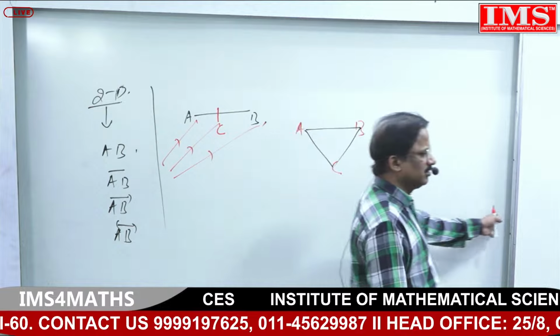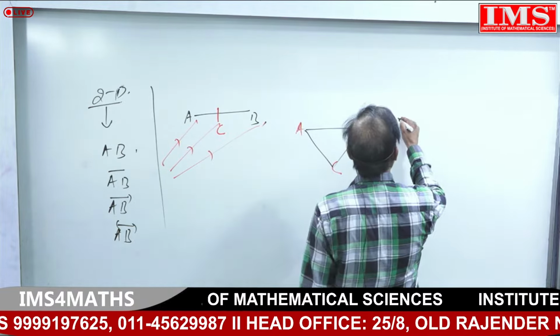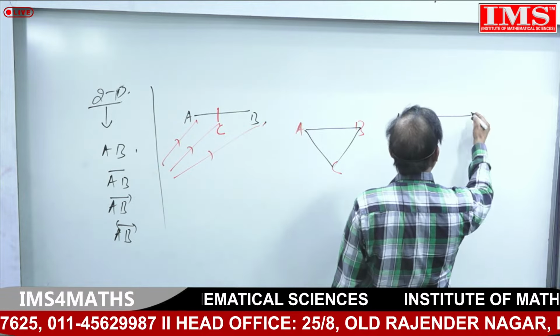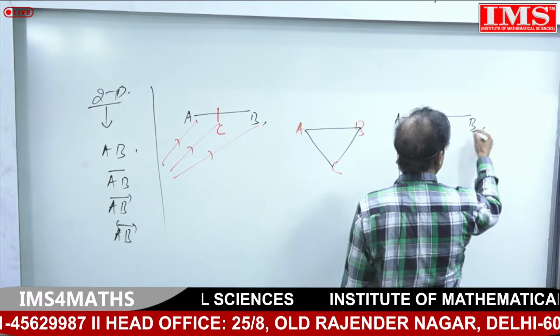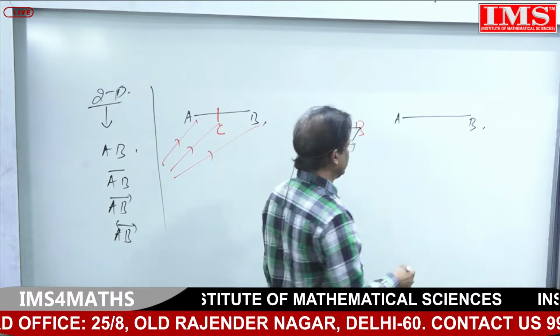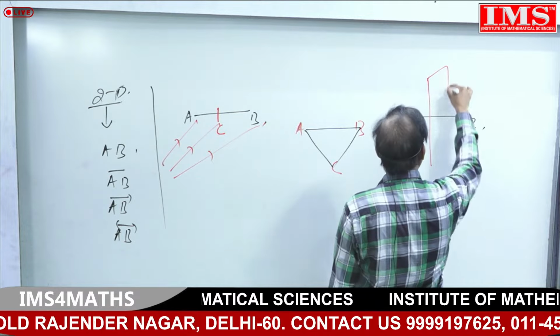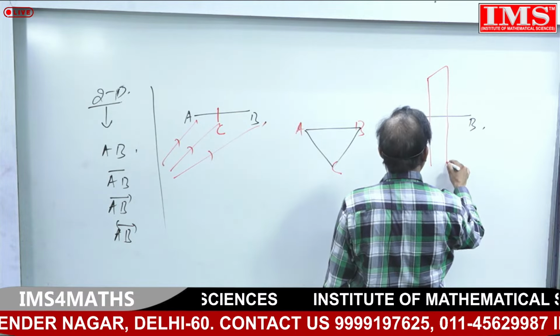Another point I would try to recollect is that there is a line which is passing through the point, or else a line segment, that's it. But this line segment is divided by a plane. You all understand?